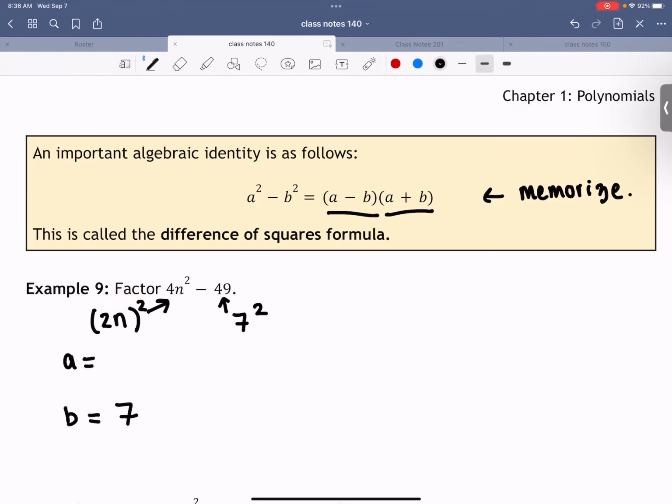So what is a here? 2n, good. Even though it doesn't actually look like something squared minus another thing squared, if you think about it hard enough, you can see that I have something squared minus another thing squared. So this is technically a squared minus b squared. What is the factored version?